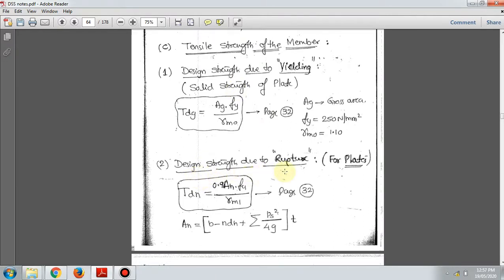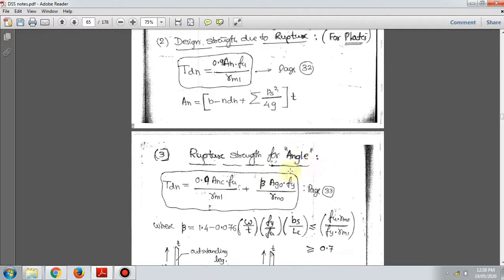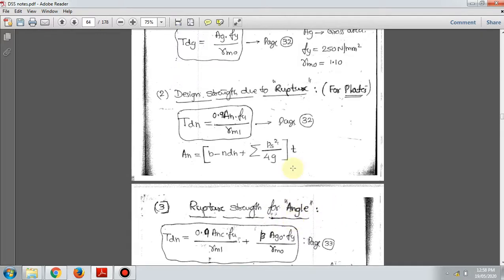Next is to find the design strength due to rupture. For design strength due to rupture, you have two formulas, one for plate section and one for angle section. For plate section, the design strength due to rupture is given by 0.9 An fu divided by gamma m1.